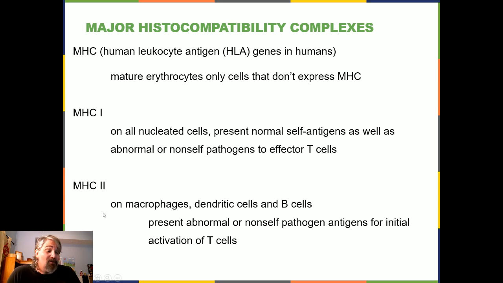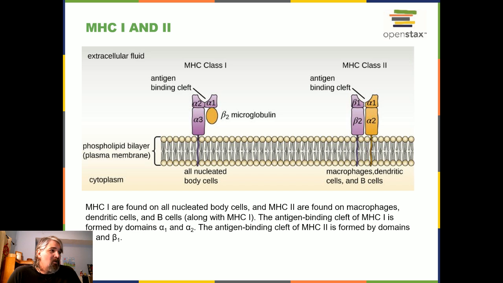Meanwhile, MHC class 2 are present on macrophages, dendritic cells, and B cells, and these will present abnormal or non-self pathogen antigens for initial activation of T cells. Here are their structures. Both of them have an antigen binding cleft. Class 1 has an alpha-1, alpha-2 dimer with a beta-2 microglobulin, anchored in the cell membrane.